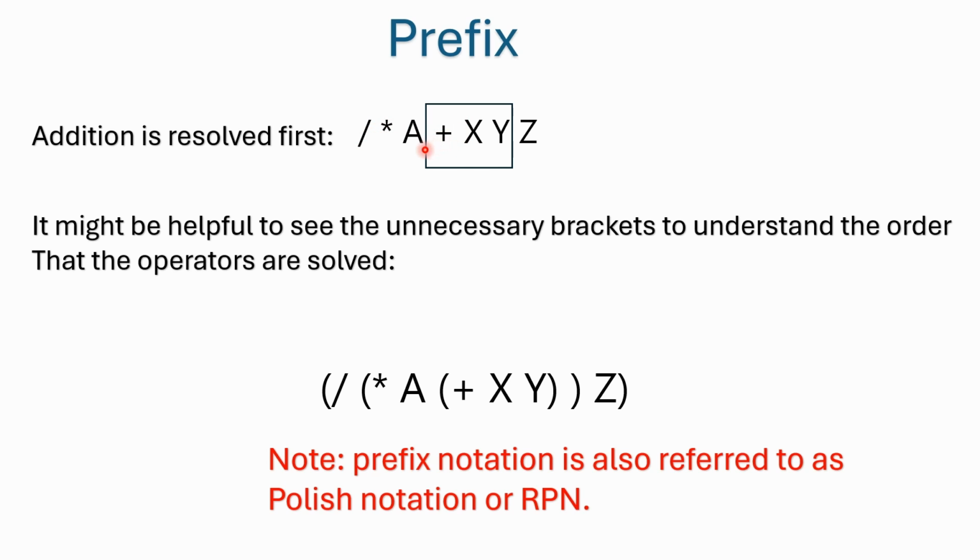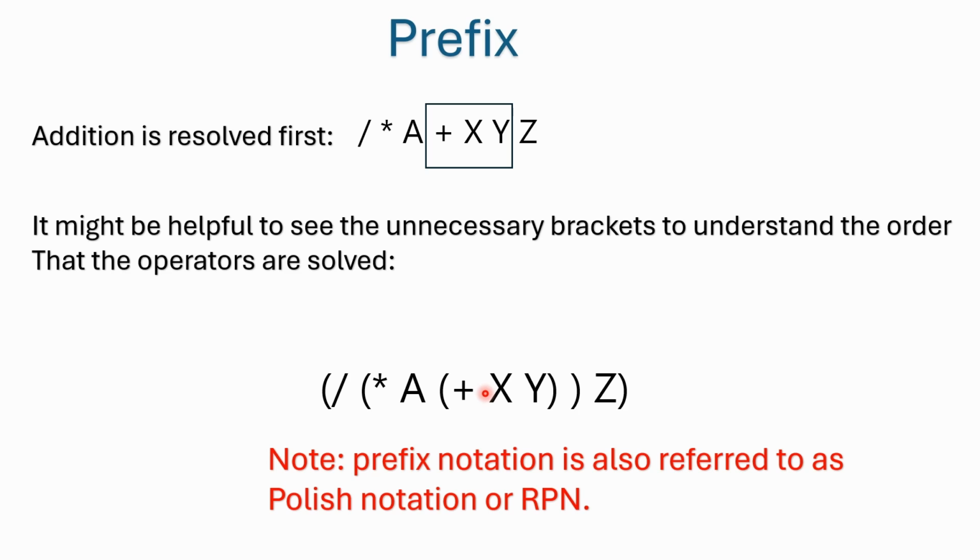So it might be helpful to see this using some unnecessary brackets or parentheses to understand the order that the prefix is resolved. These aren't necessary and they're not really used in prefix notation, but I've written these in to kind of help explain it. So in other words, keep in mind this is the innermost set of parentheses, so the plus xy is resolved first, or addition is resolved first.